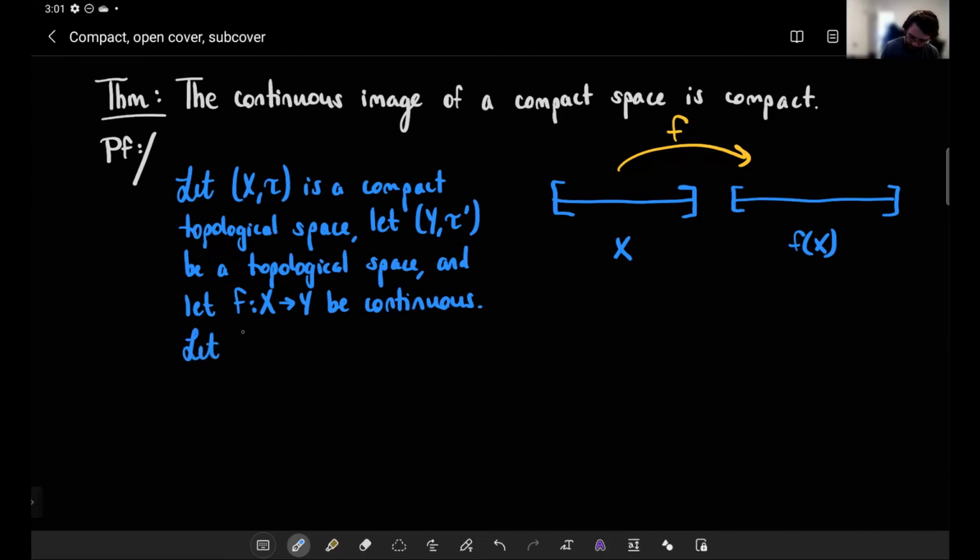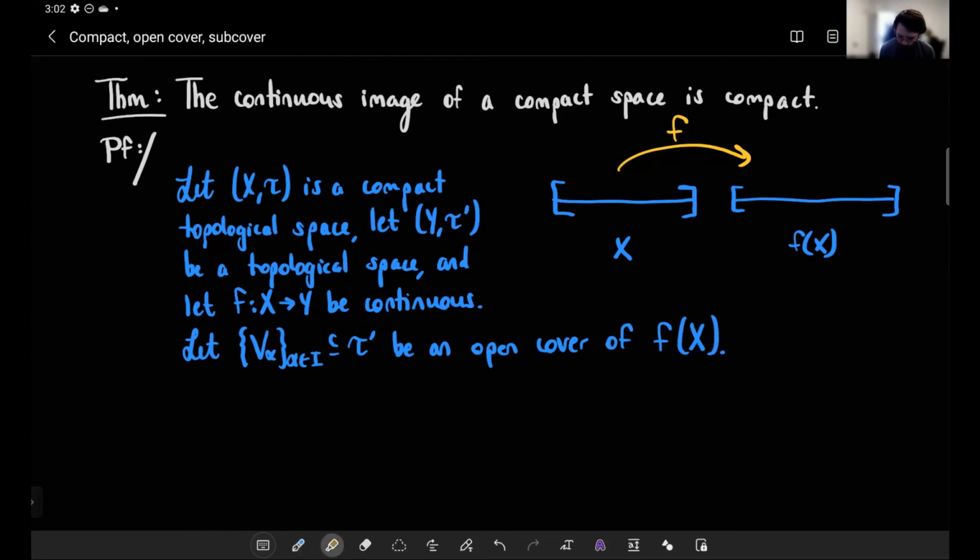Now I'm going to use V here. Sometimes I like to use V's if you're working in the codomain. So let's call it V sub alpha, be a collection of open sets in the codomain. And we're going to let that be an open cover of the image of X. We're trying to take an image of a compact space.